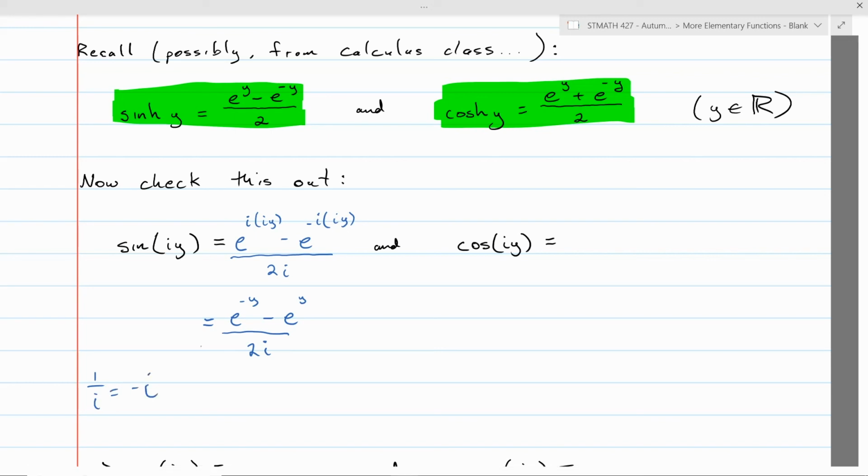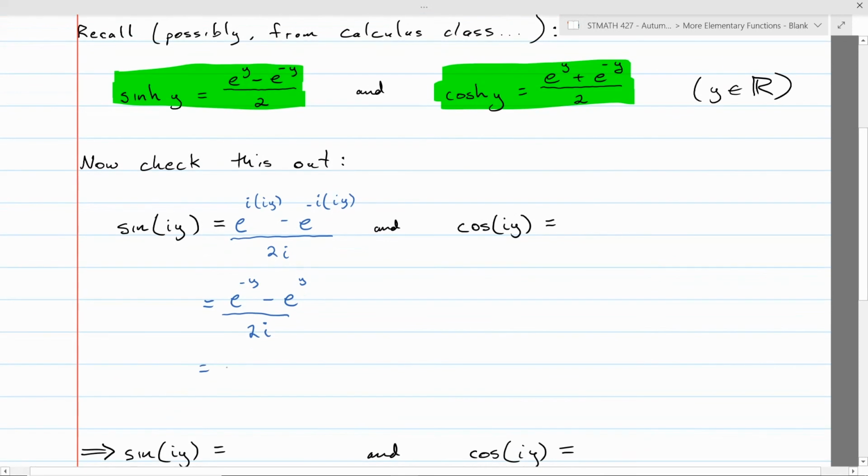So using 1 over i equals negative i, you can see that I'd get an i in the numerator, and because of the negative, I could change the order of the terms in the top, and you'd get e to the y minus e to the negative y over 2, so that's i times sinh y, and what we have at the top in green there.